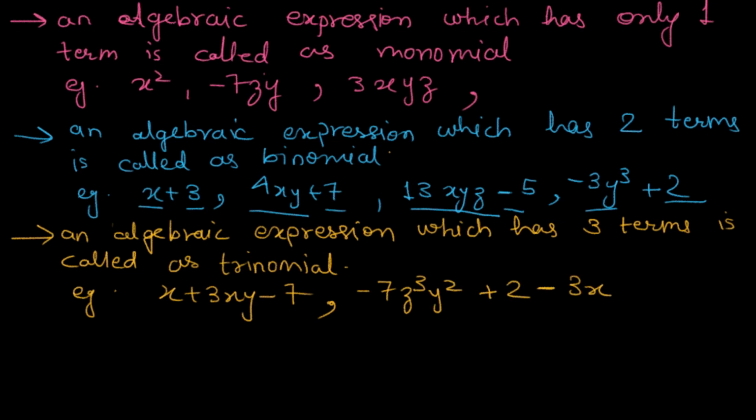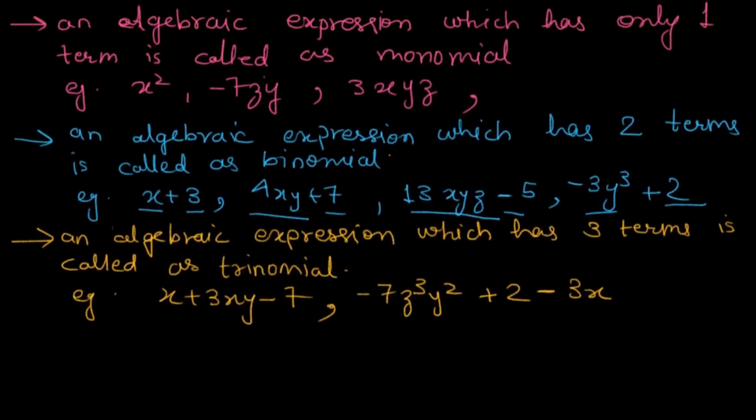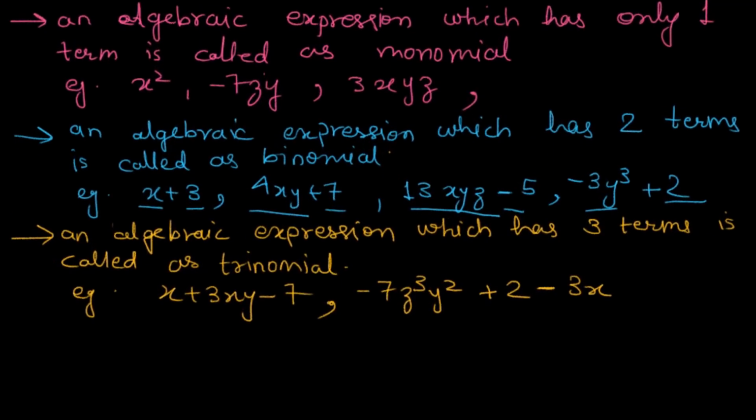And now for polynomial, a polynomial is an expression which has more than three terms. Poly means many. So an algebraic expression which has more than three terms. For now, you just think of this as your definition for polynomial, but the true definition of polynomial you'll learn in the next standard.